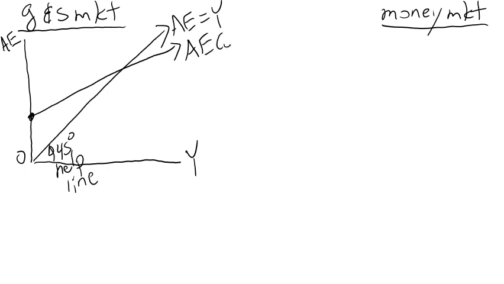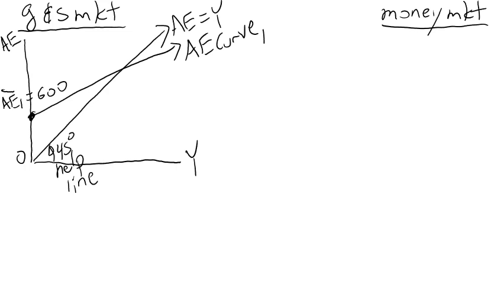Aggregate expenditure curve, let's call it 1. The origin is going to be autonomous aggregate expenditures 1, which is equal to autonomous consumption plus autonomous investments plus autonomous government spending plus autonomous exports for a total of 600.